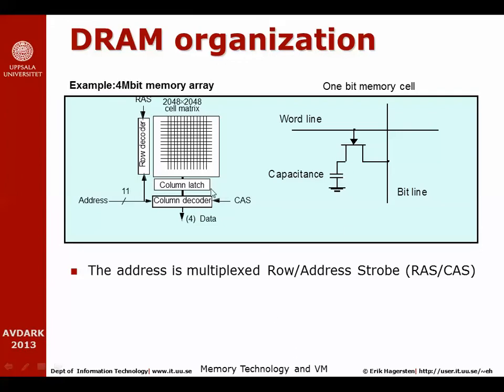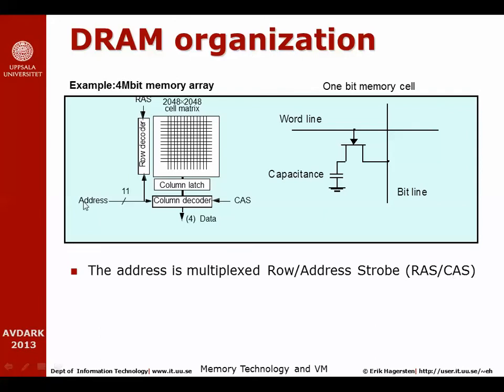When you address these kinds of DRAMs, you do that in two different phases. The first phase is you supply the row address, and in the second phase, you supply the column address. So these are called RAS and CAS. RAS stands for row address strobe, and CAS stands for column address strobe.